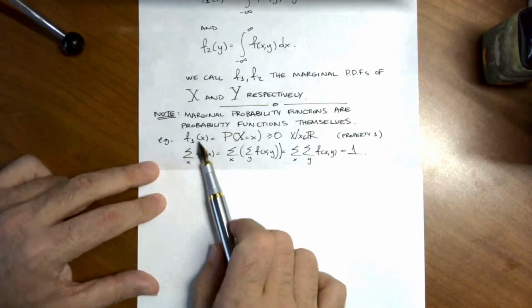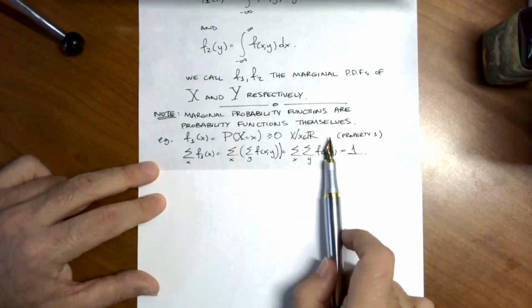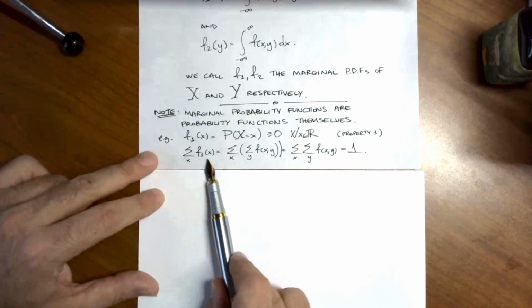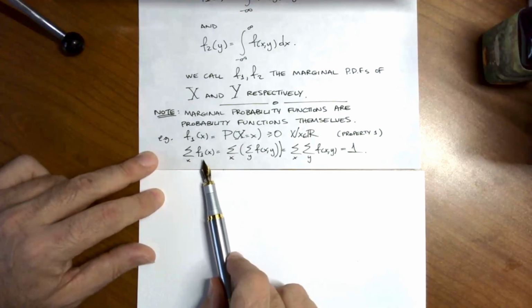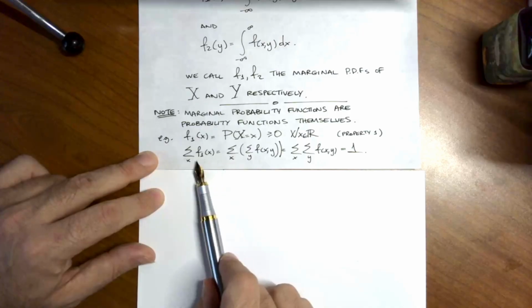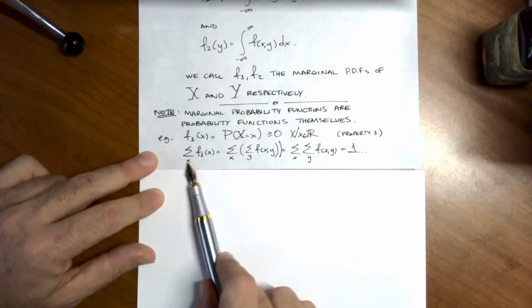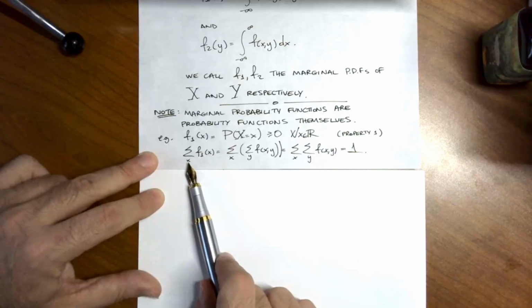The first one should be rather intuitive as a property. The second one: if you have the marginal PDF or the marginal PF of x, and you sum across the space of all possible values of x, you should be getting the value of 1. How do you do that?